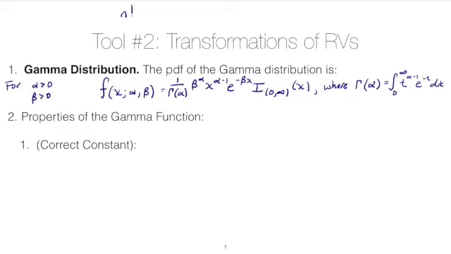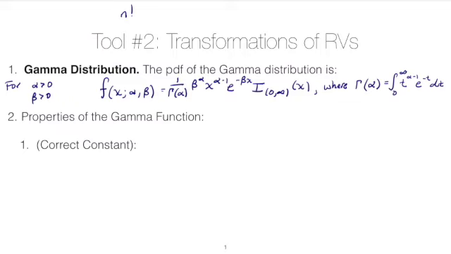And so you can think of it as a generalization, and one of the properties of the gamma function is that if you plug in a non-negative integer, so if you plug in an alpha that's equal to, say, 10, then you'll get 9 factorial. So in some sense, it's a generalization of the factorial. At every non-negative integer value, you get the factorial function, but it also evaluates for other real numbers, positive real numbers.